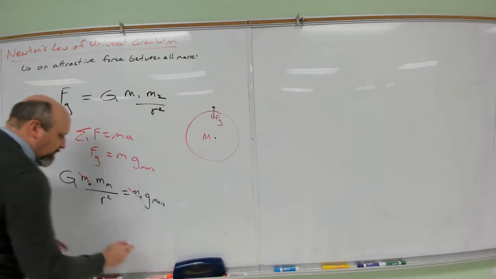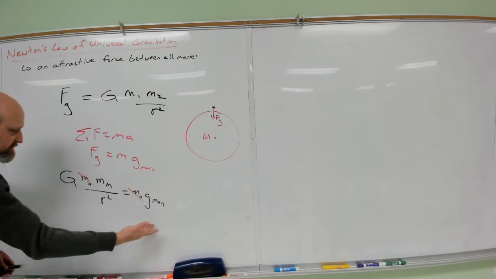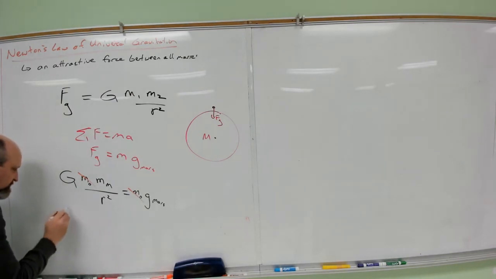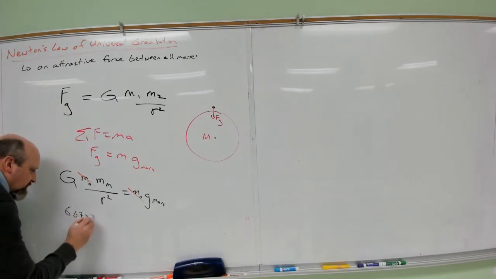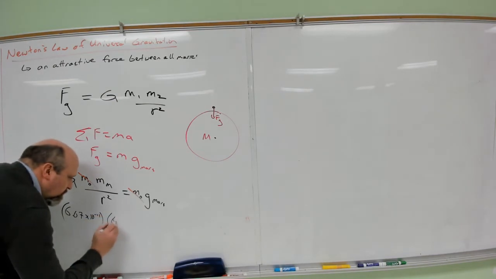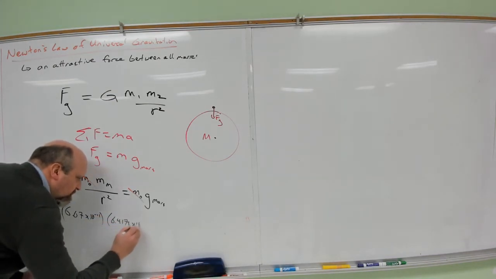So we're trying to find g Mars, and we have g Mars by itself now. We can just plug in our values: big G times the mass of the planet, divided by the radius of the planet squared. Punching in my values: 6.67 times 10 to the negative 11. The mass of Mars, they gave us a value this time of 6.4171 times 10 to the 23rd kilograms.